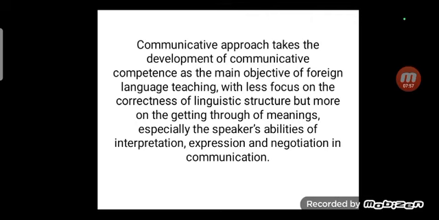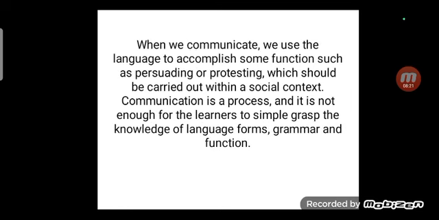Communicative approach takes the development of communicative competence as the main objective of foreign language teaching, with less focus on the correctness of linguistic structure but more on the getting across of meanings, especially the speaker's abilities of interpretation, expression, and negotiation in communication. When we communicate, we use the language to accomplish some functions such as persuading or protesting, which should be carried out within a social context.